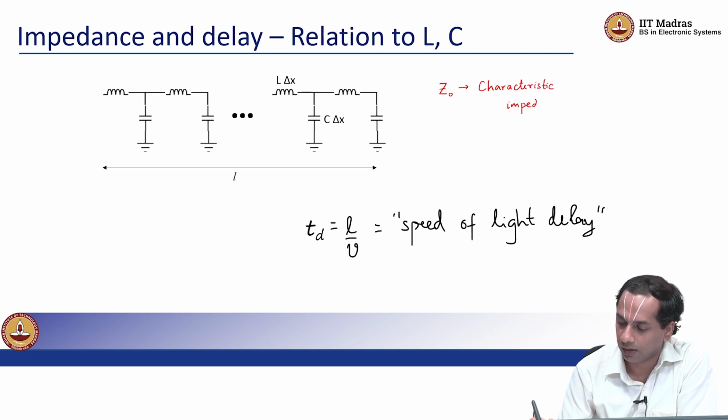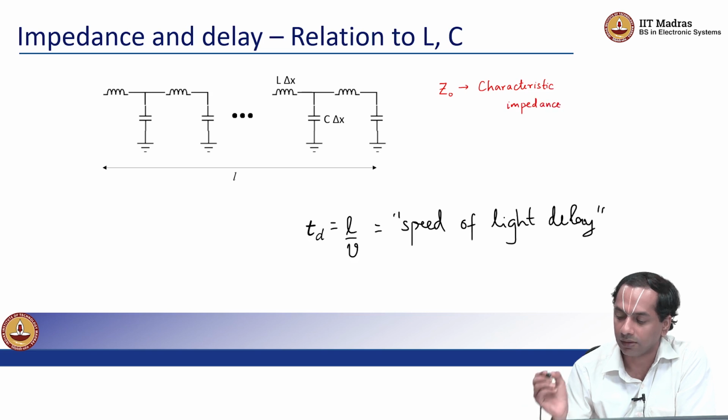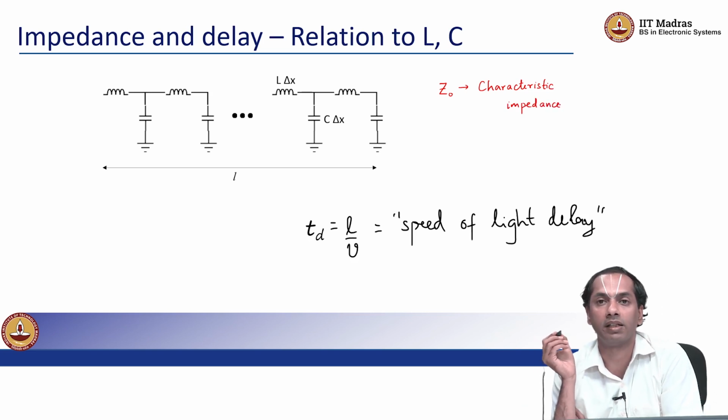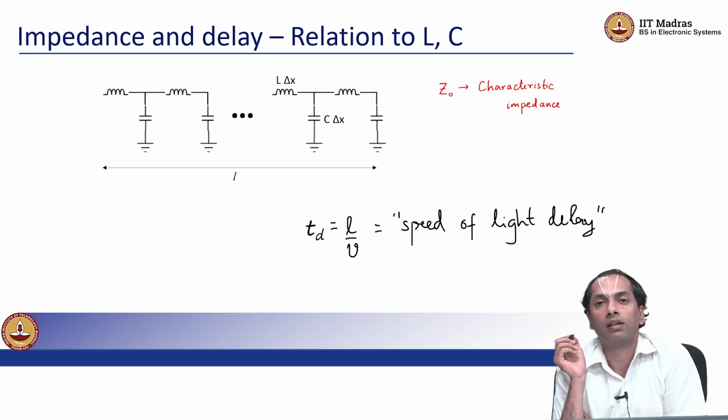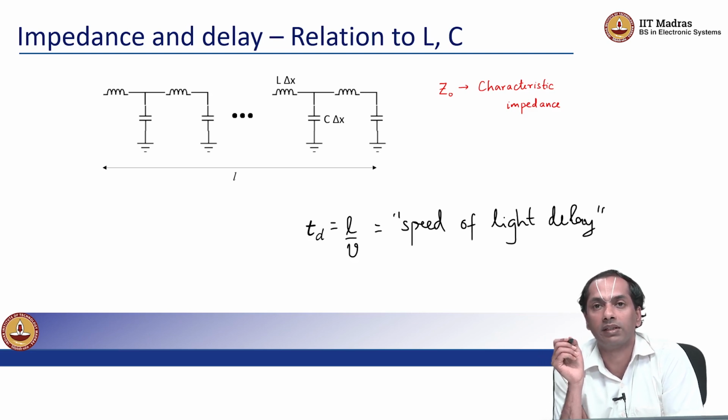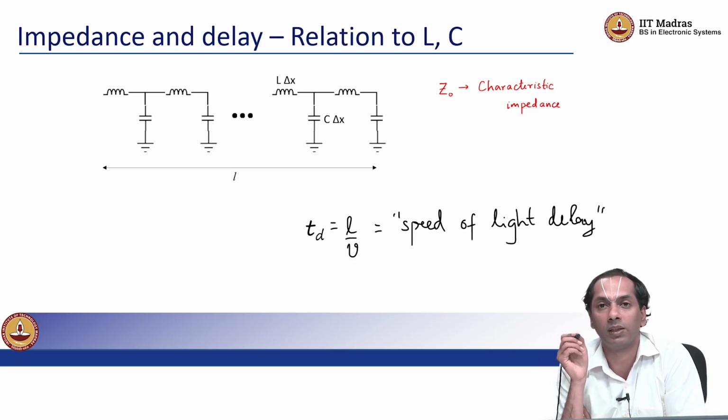I'll reserve a discussion on what characteristic impedance is a little while later. But for now, this Z naught value, in units of ohms, is a number that will be specified by any cable vendor.